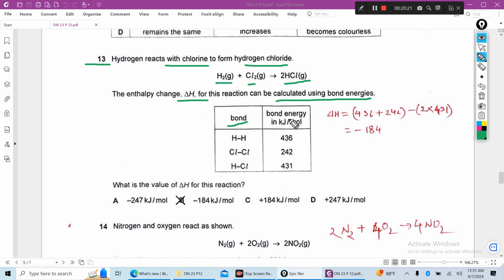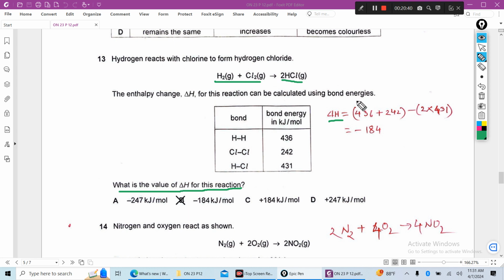This is the bond, and the bond energy is given. So what is the value of delta H for this reaction? You know delta H is bond broken energy minus bond formed energy, meaning the reactants' bonds are broken and the products' bonds are formed.